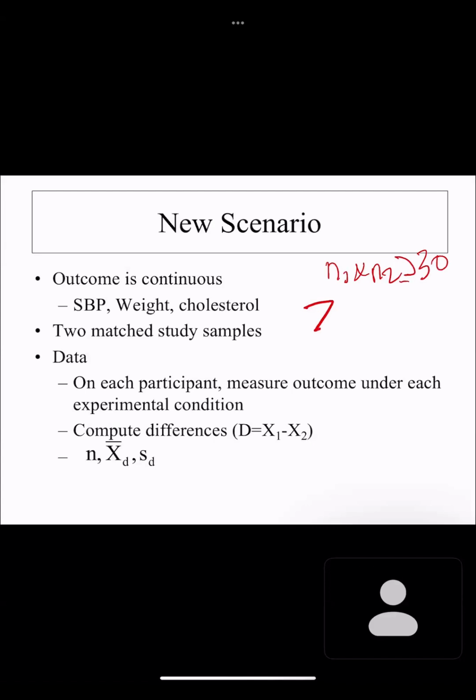We use Z. So Z is again X bar 1 minus X bar 2, over square root of S1 squared over N1 plus S2 squared over N2. So we don't have the pooled, okay?